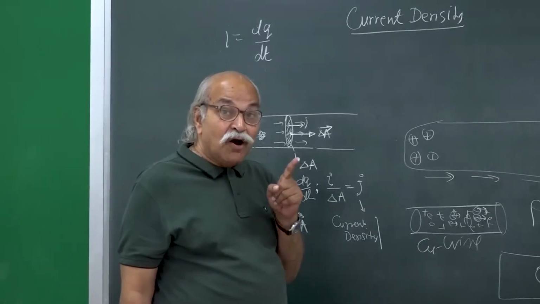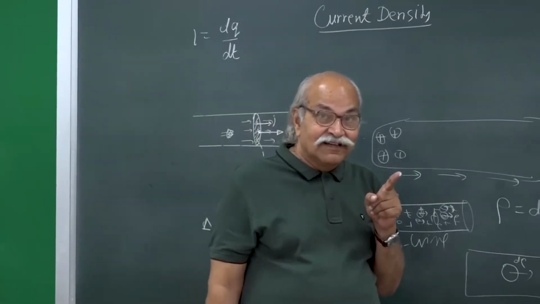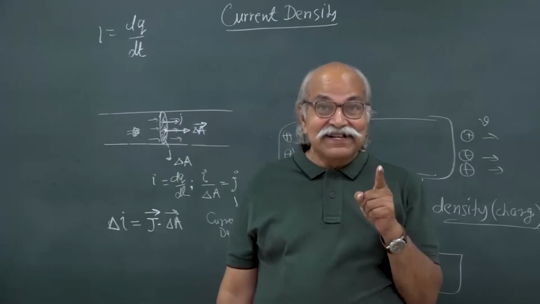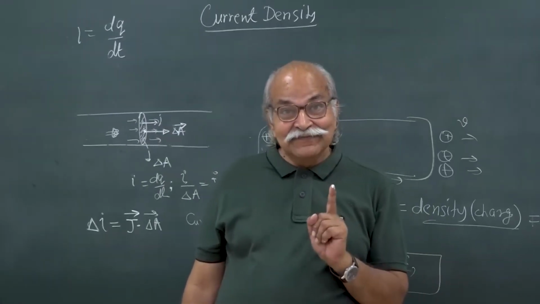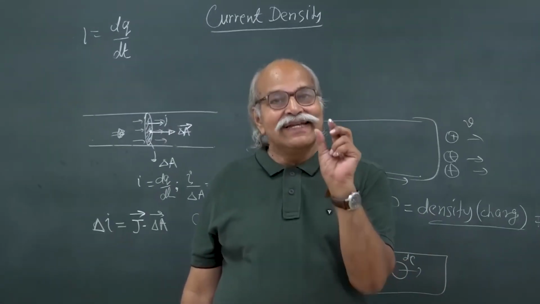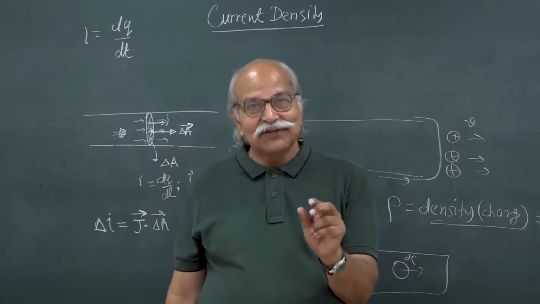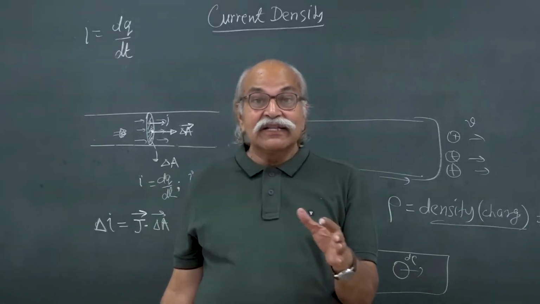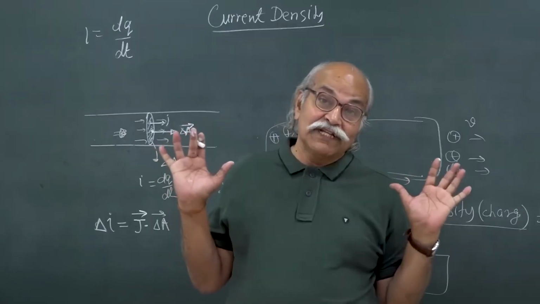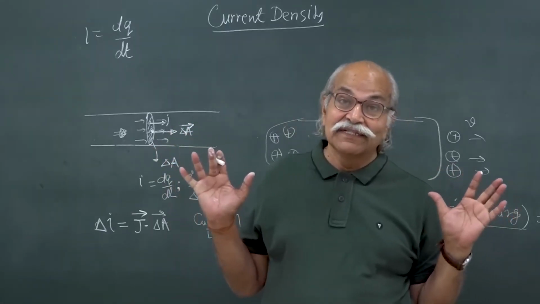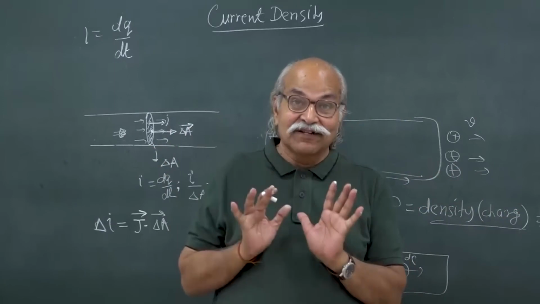Another thing: when I say very small in this course, it has to be understood very clearly that we are talking of length scales, area scales or volume scales in which there are at least 10, 15,000, 20,000, 50,000 electrons or equivalent charge.